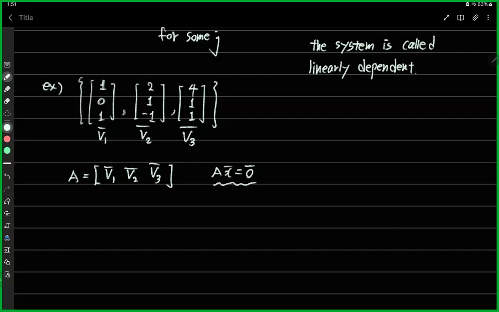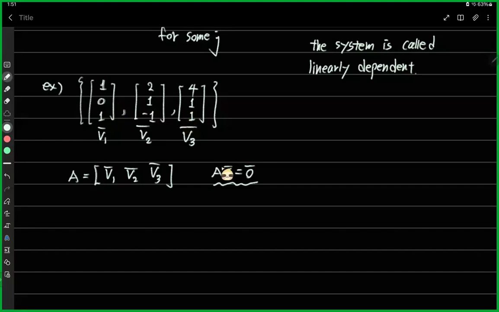This is a homogeneous system, right? If this homogeneous system has only the trivial solution, then this set must be linearly independent. Does it make sense? Because think about where A comes from. A comes from these vectors, V1, V2, V3.